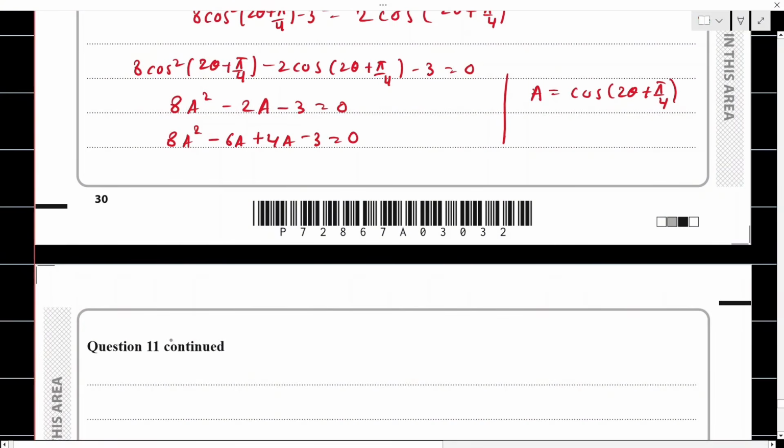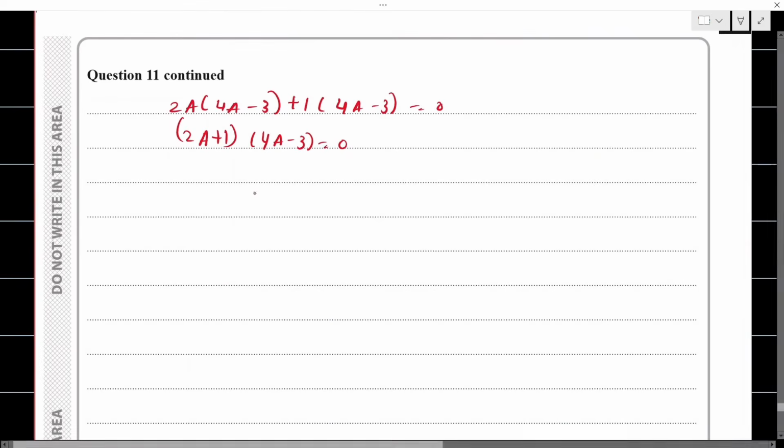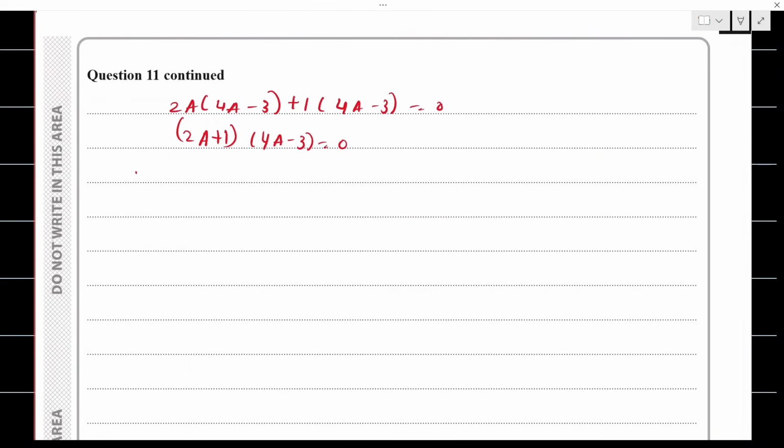Now we can take 2a common from the first two terms, and this will give us 4a minus 3 inside our brackets, and then we can take 1 common, so 4a minus 3 again in our brackets. So we can simplify this as 2a plus 1 and 4a minus 3 equals 0. So from this we can see that ultimately 2a plus 1 is equal to 0, or 4a minus 3 is equal to 0.